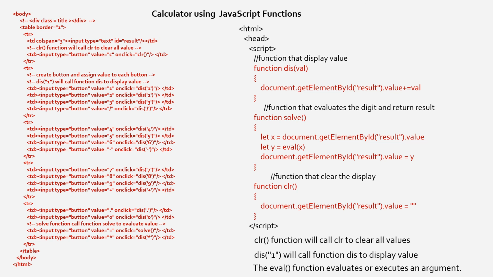This one is for clearing the screen. For solving, we use arguments. This is the eval function for evaluating. It is a built-in function in JavaScript which evaluates the argument given to it. If you practice, you can do a lot of other things. Try to solve more problems. Thank you for watching my video.